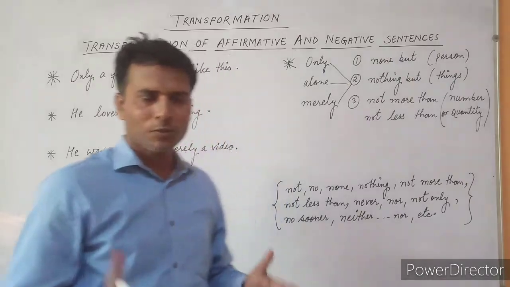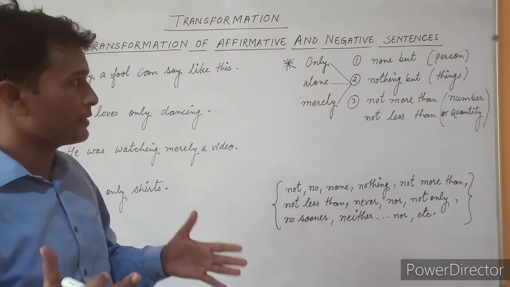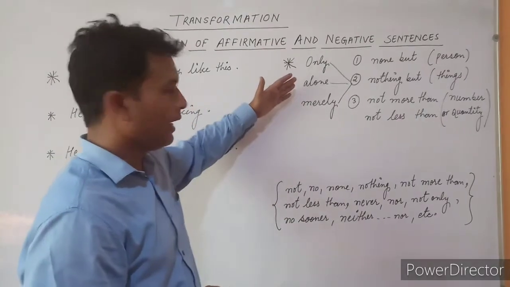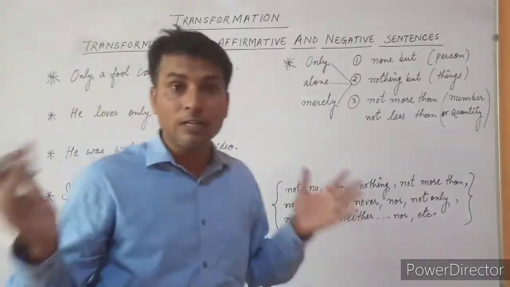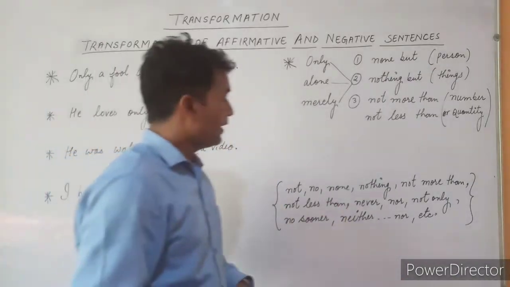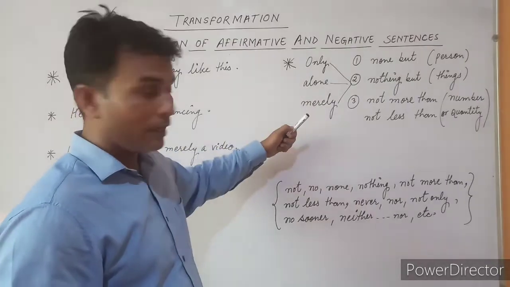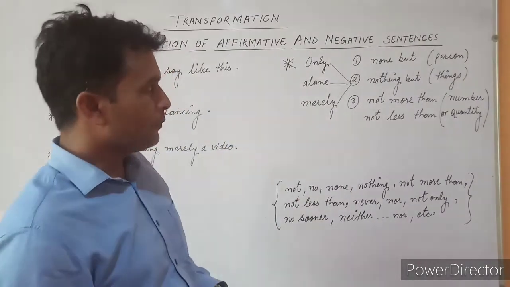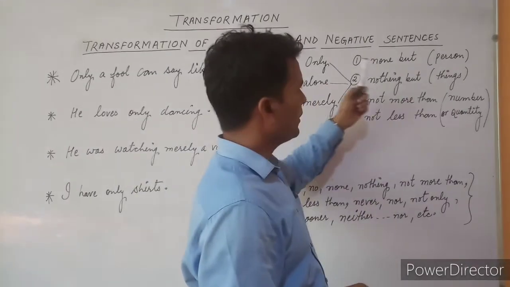Well, students, so now let's learn how we change affirmative sentences containing only, alone, merely into negative sentences without altering their meaning or sense. Students, if a sentence contains only, alone or merely, so it can be changed. If it is for a person, then we change only into none but.